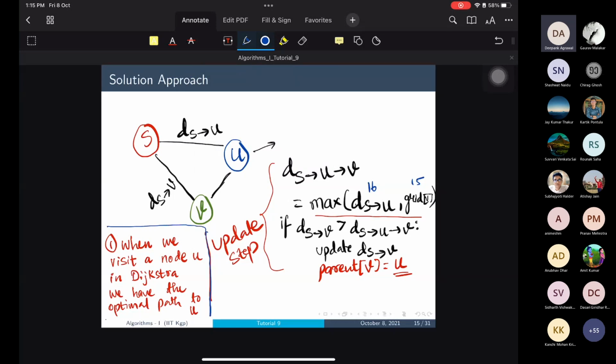This is a very strong argument of Dijkstra. Whenever you put a node in the visited set, you have the optimal path to that particular node.